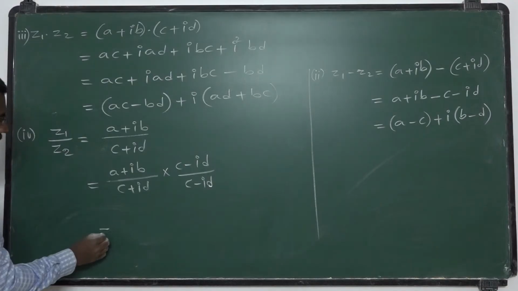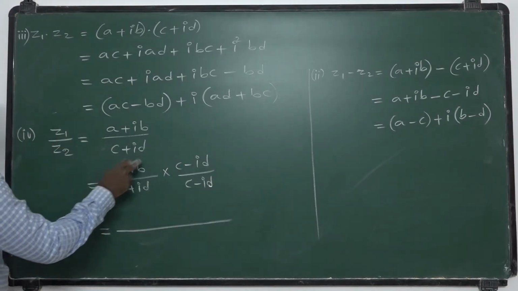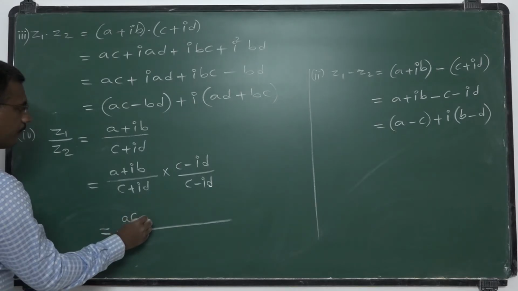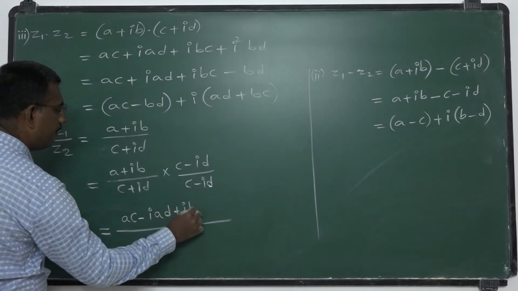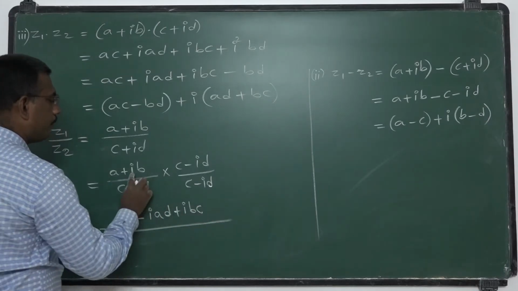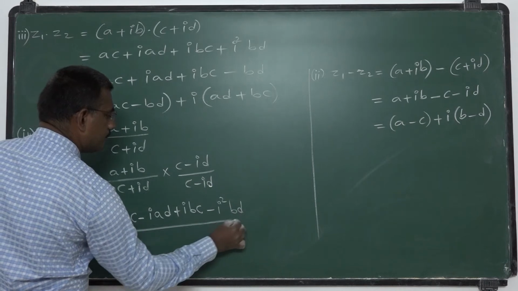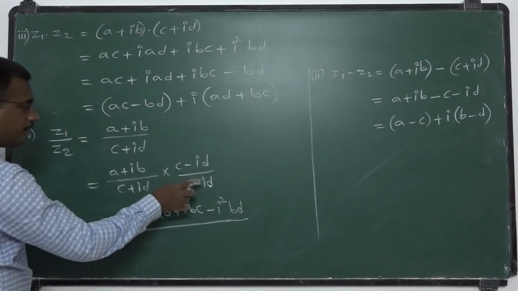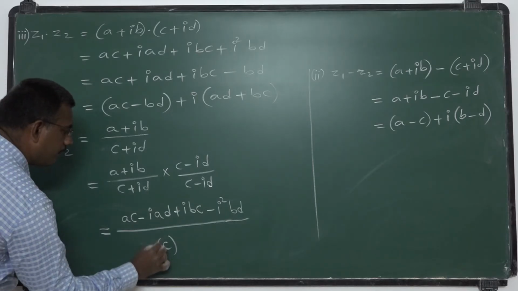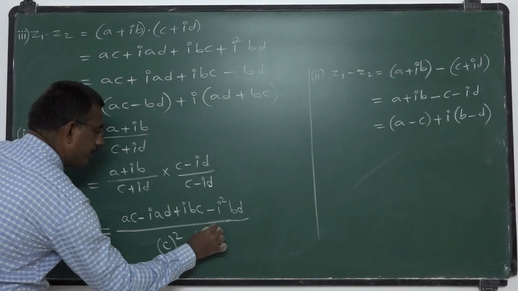So that is equal to, in the numerator, ac minus iad plus ibc minus i square bd, divided by the denominator. This is in the form of a plus b into a minus b, a square minus b square, so c square minus id whole square.